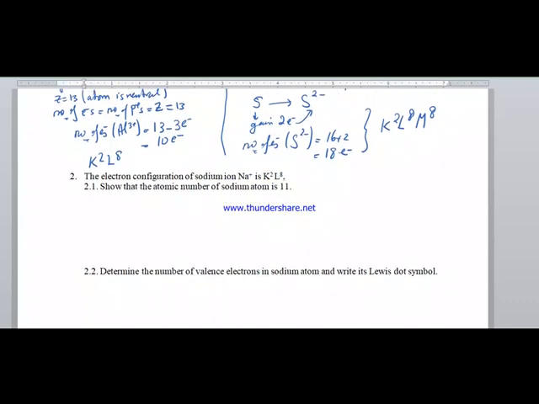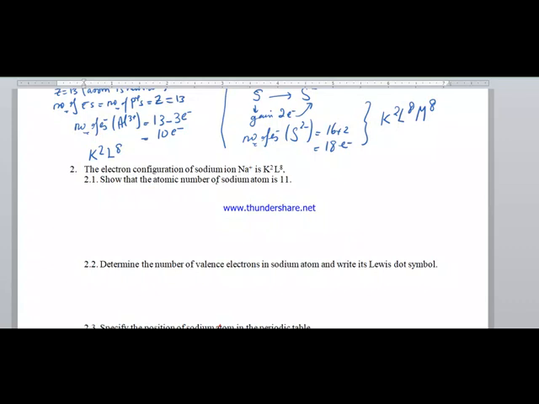To write the electron configuration, we note that the atomic number of sodium is 11. Similarly, we have 10 electrons in the sodium ion, and Na loses 1 electron to change into the Na+ ion.